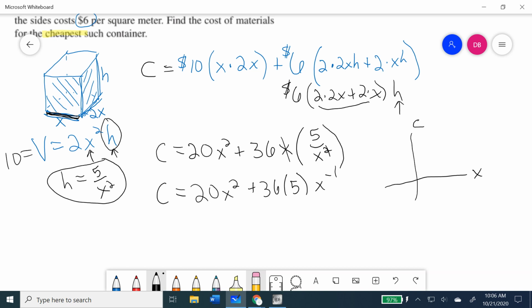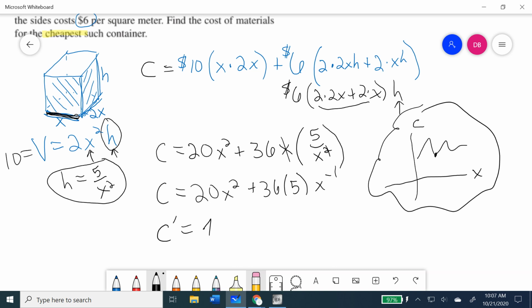Well, you know what? I'm just going to doodle whatever the graph happens to be for my cost based on the length of this side. I'm trying to find a minimum value, and a minimum value will occur when my derivative is 0. So this is just a side note of why we are now taking the derivative and setting it equal to 0.